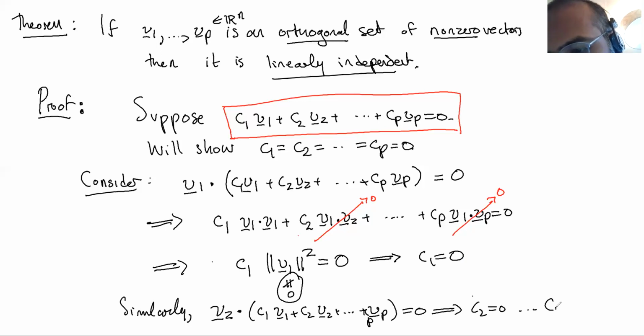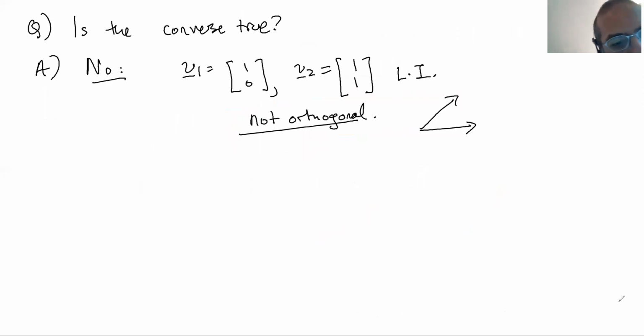And finally, you'll just do this P times and get that CP is 0, and you're done. That means they're linearly independent: there is no non-trivial linear combination that gives 0. The meaning of this proof goes back to the earlier question, and really what it's saying is that orthogonality is stronger than linear independence.